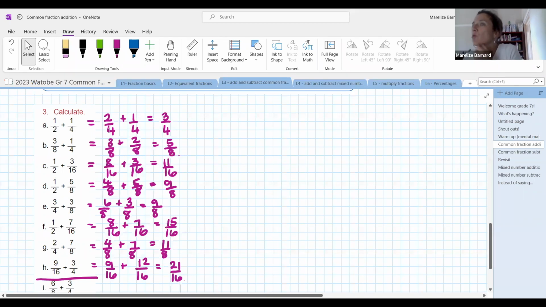There's 2/4 in a half. So we can change the half to 2/4, and then we add 1 more quarter to it. Altogether, that's 2/4 plus 1/4, which gives you 3/4. And that's basically the same reasoning for the rest of the sums as well.